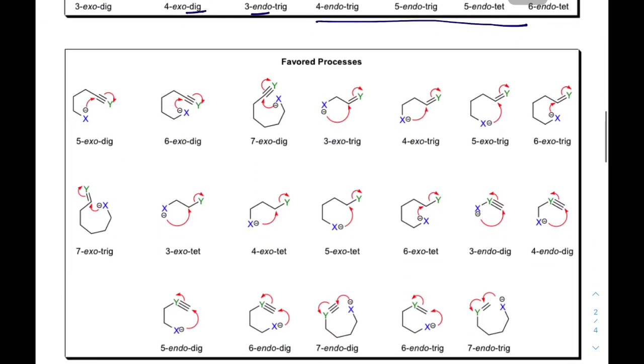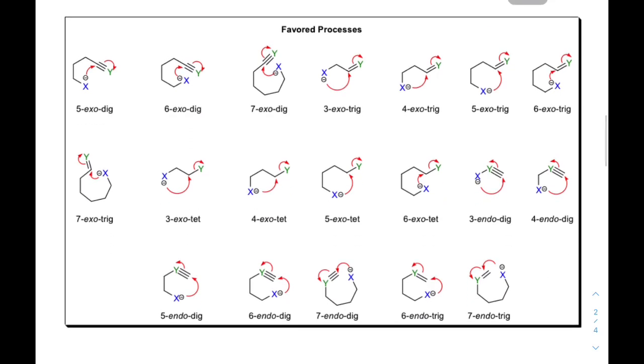Now there are some favorable processes, you can go through this. In case of a 5-member ring, 1, 2, 3, 4, 5, there 5 exo means it will attack the center 5 and the arrow will come outside of the ring, and this is favorable from the above chart.